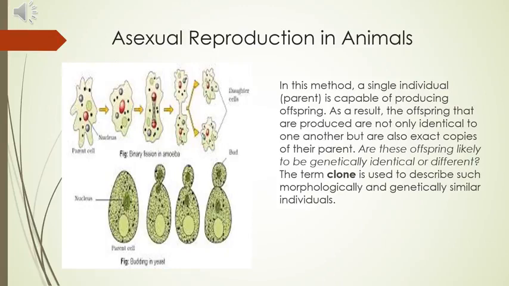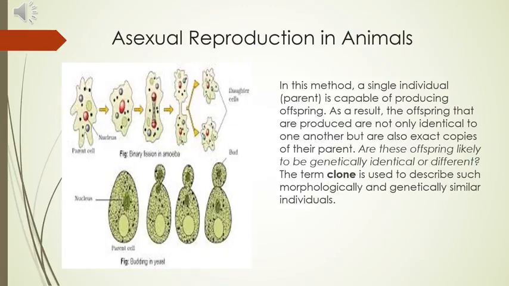You see in this diagram there is one parent cell; this is the diagram of binary fission in amoeba. In the parent cell, the plasma membrane starts stretching, and in the second diagram it enlarges a little bit more.